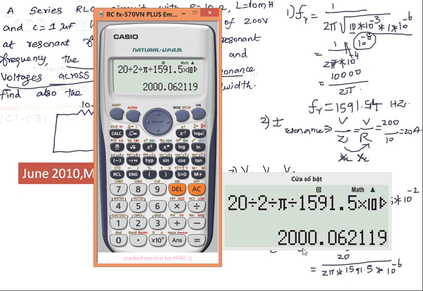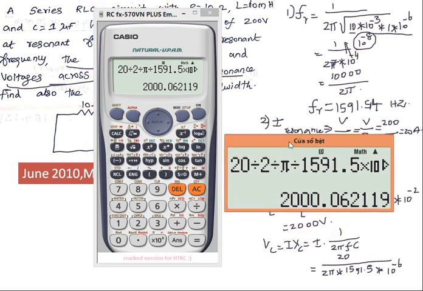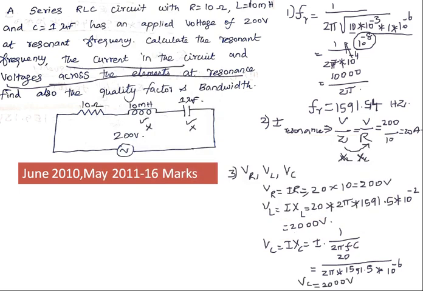The voltage across the capacitor is also 2000 volt, the same as the inductor we just found. So the voltage across the resistor is 200 volt, across the inductor 2000 volt, and across the capacitor 2000 volt.